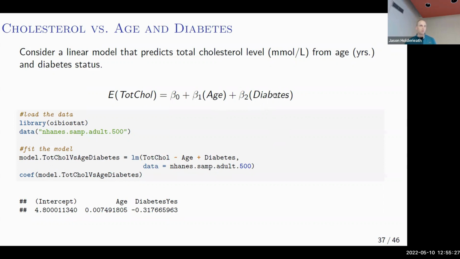Diabetes is a dummy variable, so you either have it or you don't. So it's going to be diabetes being true. So if someone has diabetes, we would expect their cholesterol to be 0.317 units less than whatever this is measured in.